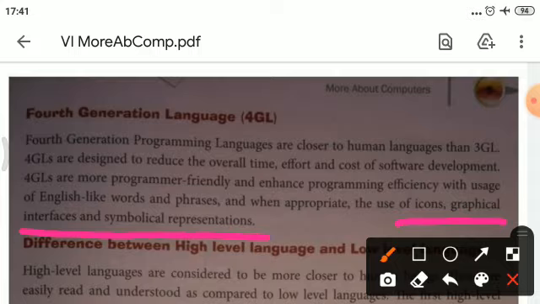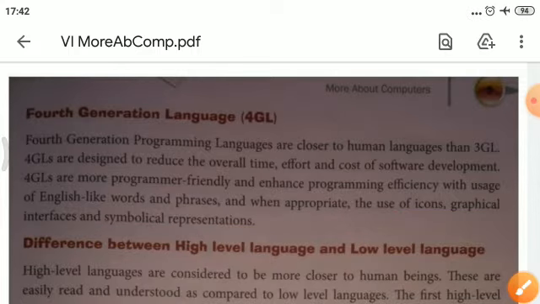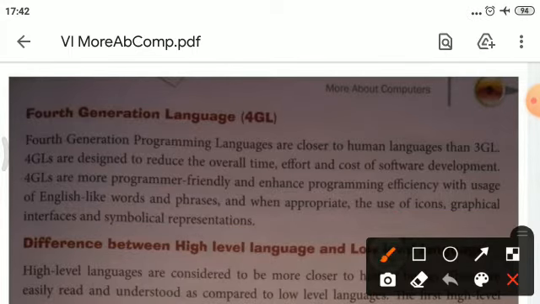Here students, you should keep in mind one thing: fourth generation languages are closer to the human language, and are used to save the overall time, effort, and cost of software development.